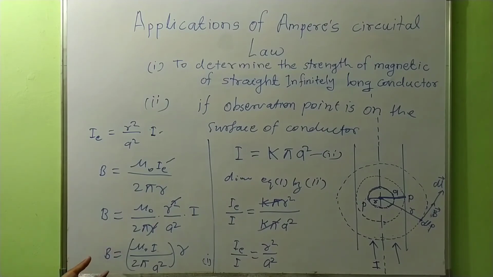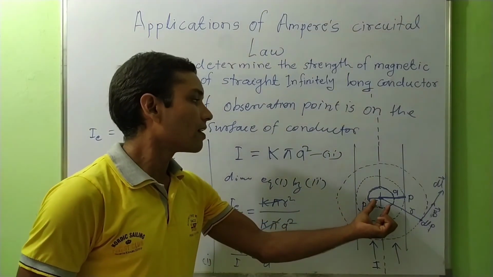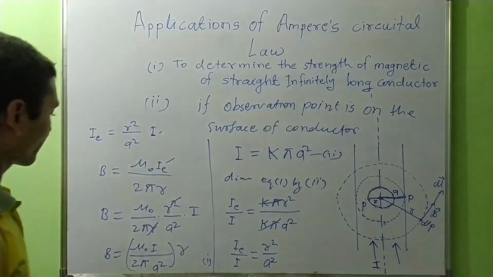This is the magnitude of magnetic field inside the current carrying conductor.